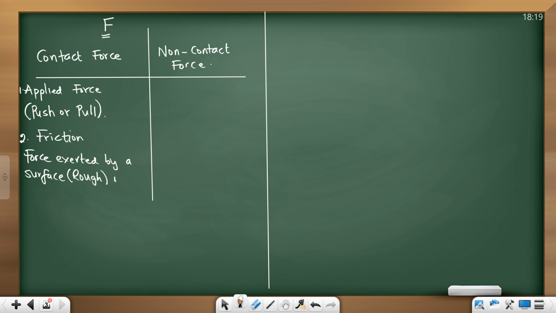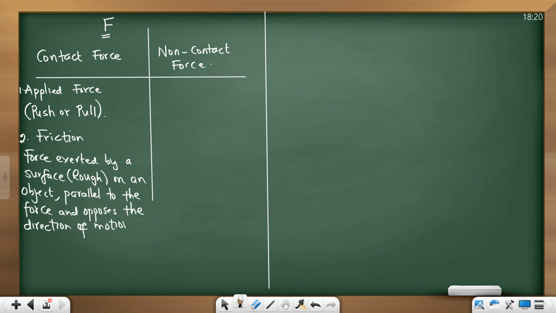A rough surface, on an object parallel to the surface and what? Opposes the direction of motion. And it's a contact force. I cannot talk about friction if the object is not in contact with the surface.